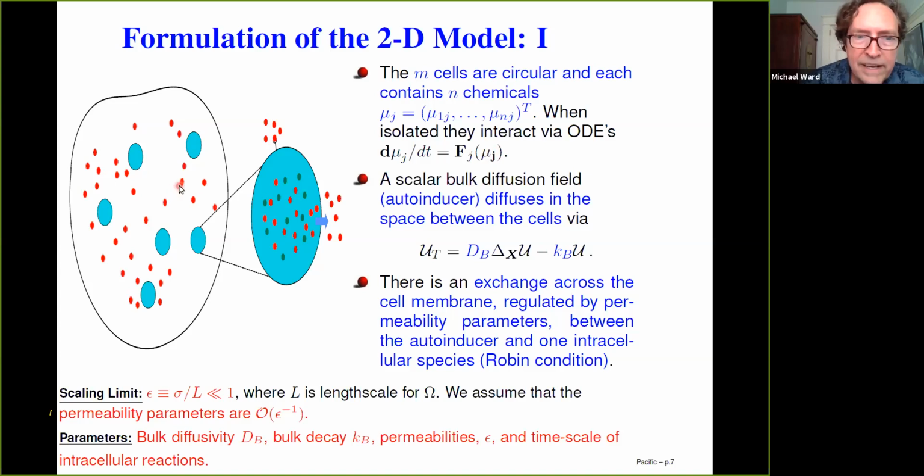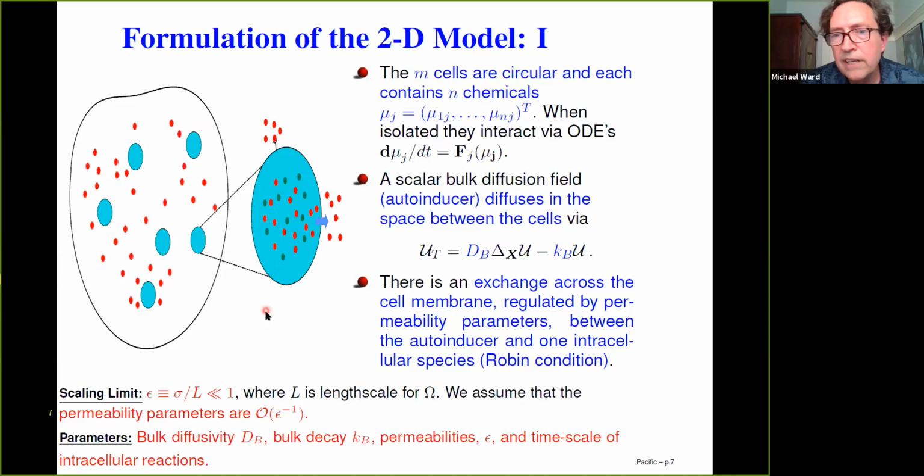In the bulk region, the red dots diffuse by just a passive diffusion equation. But across the cell membrane, regulated by permeability parameters, there's a coupling between the bulk medium and the intracellular levels, and the red guys can go across the membrane and go into the bulk, regulated by an efflux parameter.